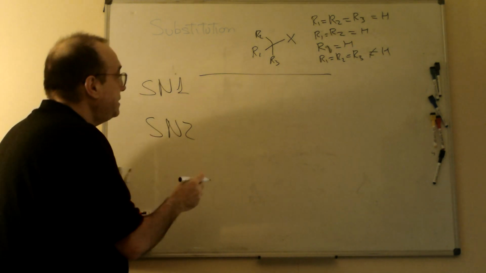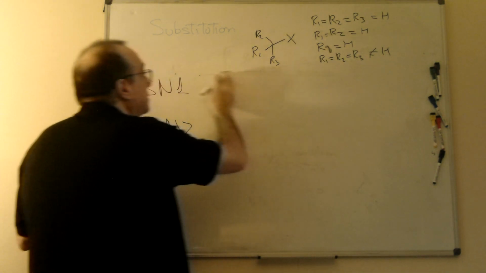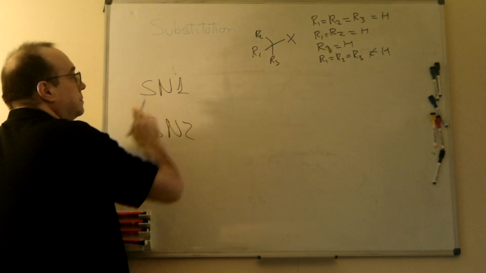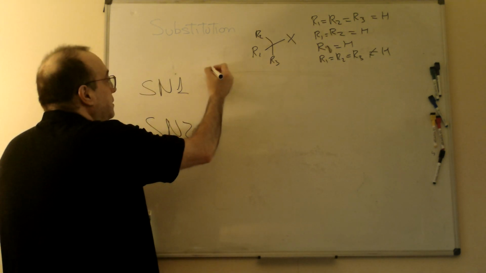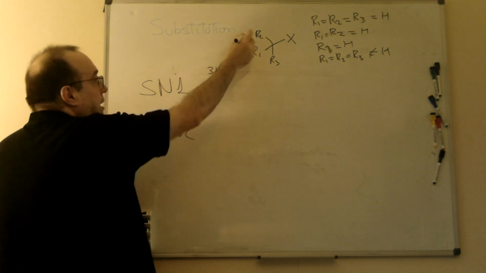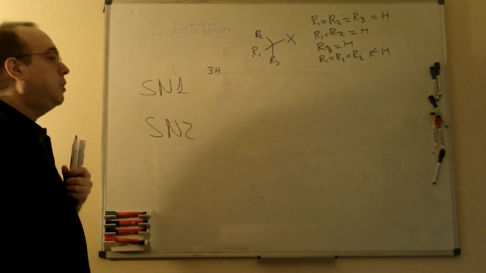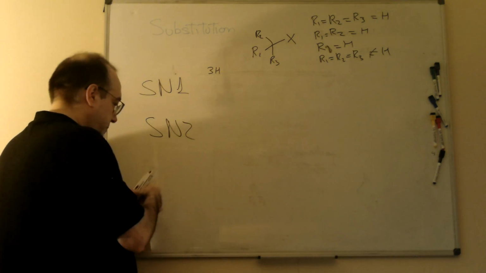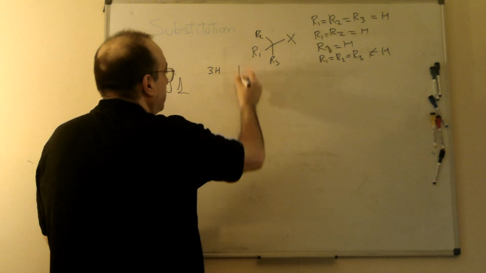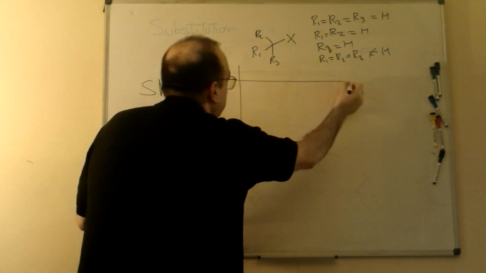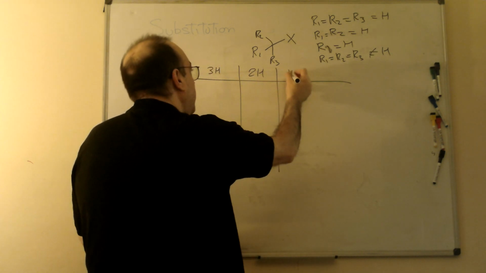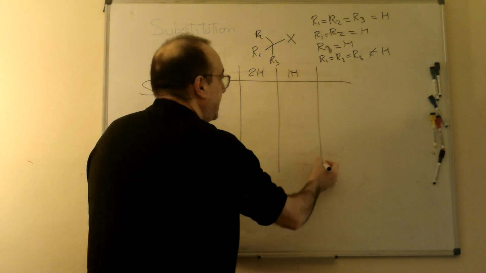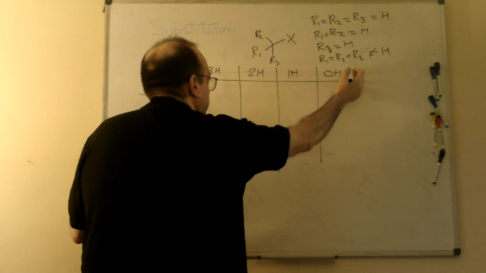In the first case, we have three hydrogens. Second case, we have two hydrogens. Third case, we have one hydrogen, and in the last case, we have zero hydrogens.